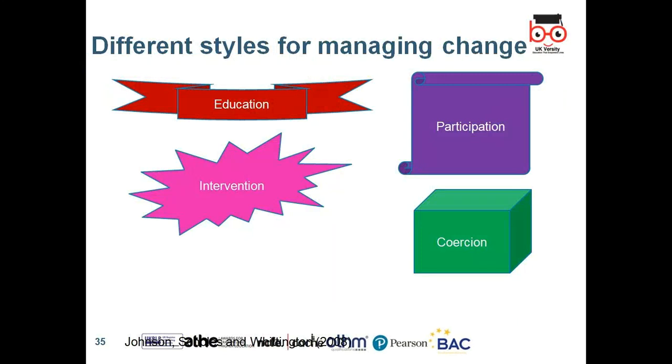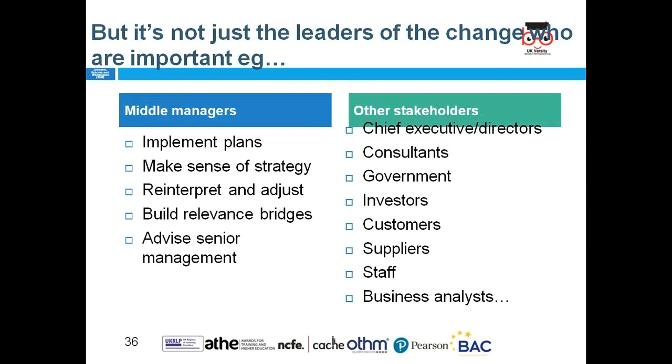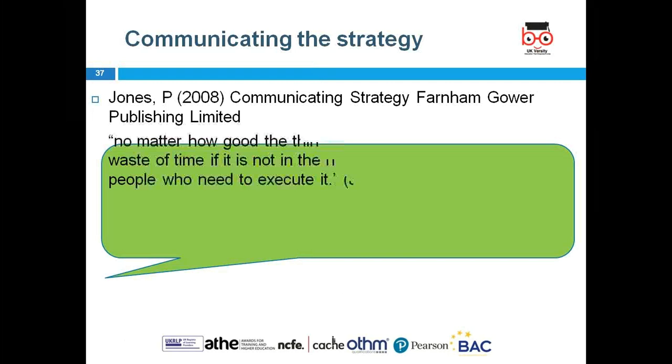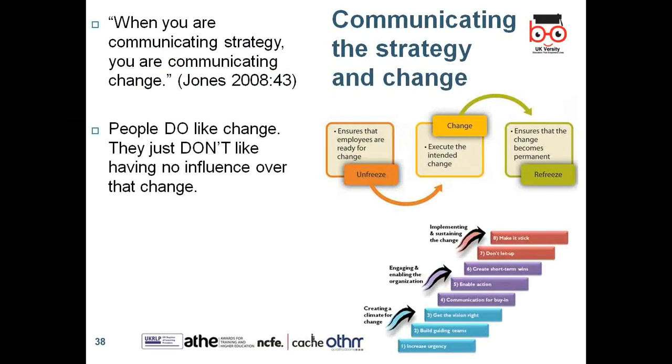So these are all the change theories, a different style to manage the change. We can look at education, invention, participation, punishment. We can look at the middle managers and other stakeholders, what their roles are, and we should develop our communication strategies accordingly.